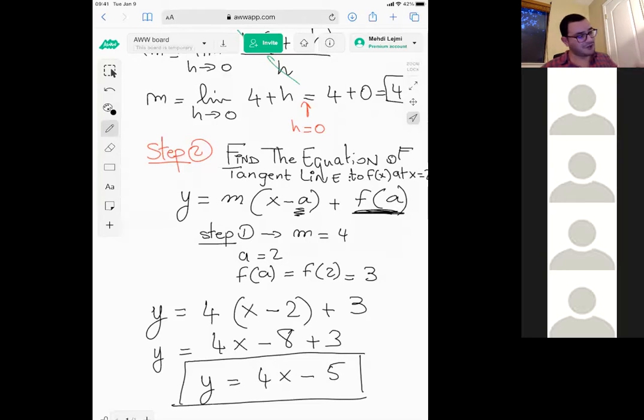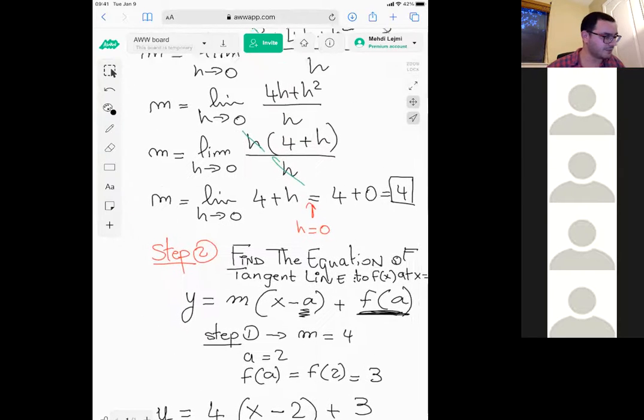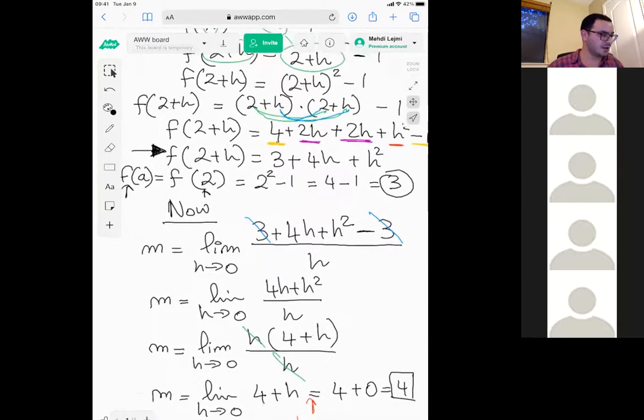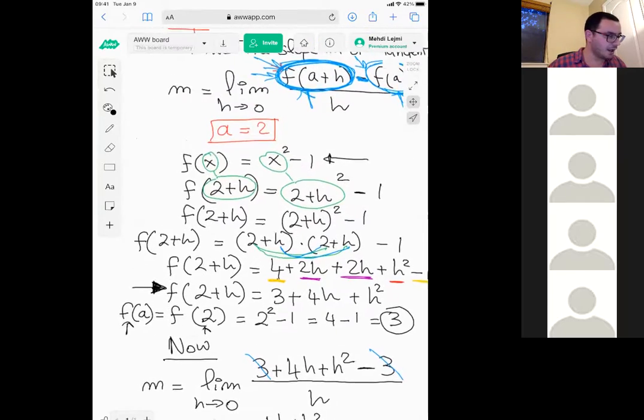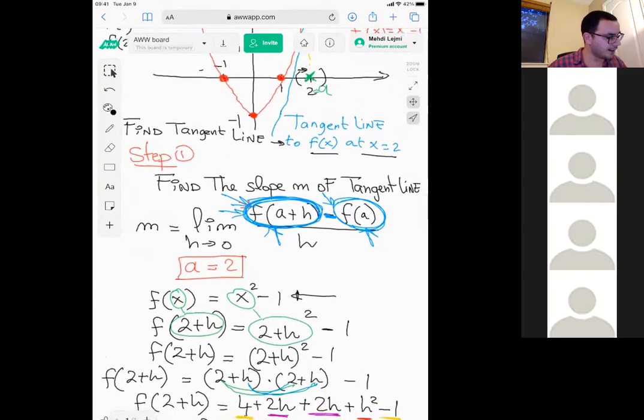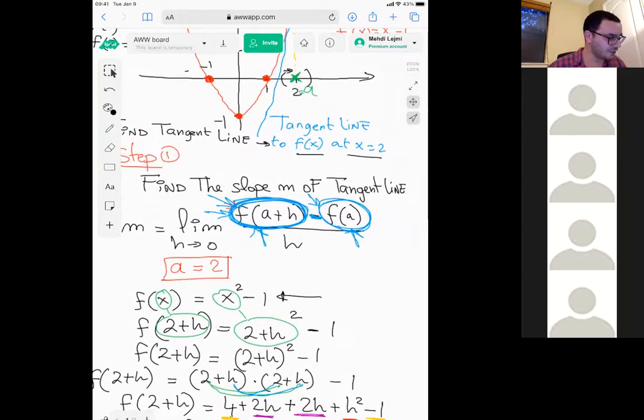So the definition is really important, actually. In the whole chapter, all we're going to do is compute limits. The derivative is about limits. So you need to memorize this definition of the derivative. This is the slope m, which is this limit as h goes to 0.